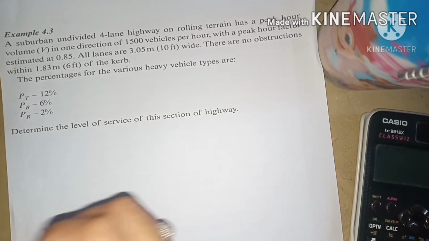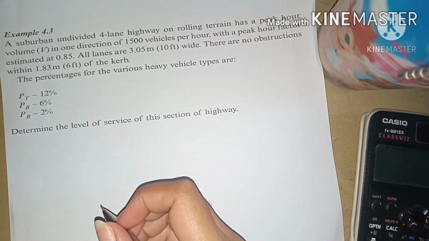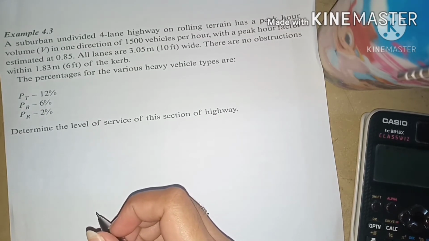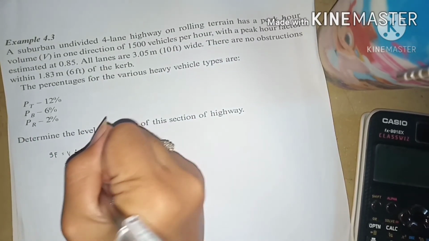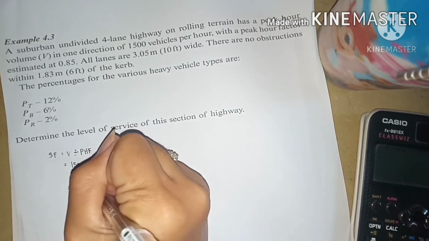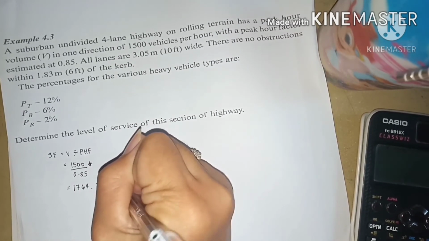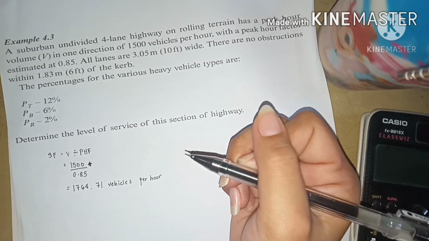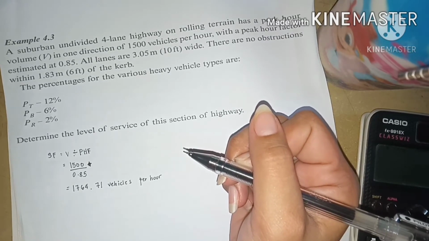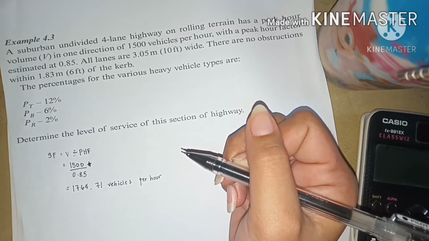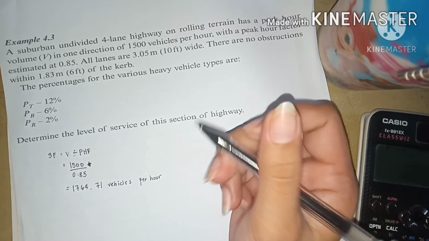Or pwede na dumiretso tayo sa computation muna for the service flow, since alam naman na natin yung hourly volume during the peak hour and the peak hour factor. So, we have... nakuha natin ang SF as 1,764.71 vehicles per hour.